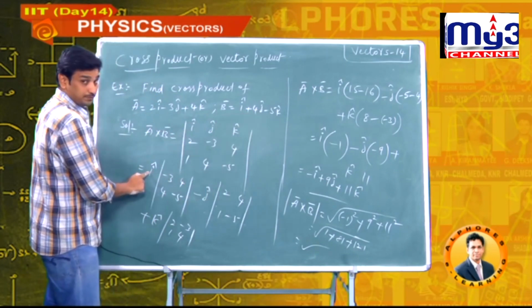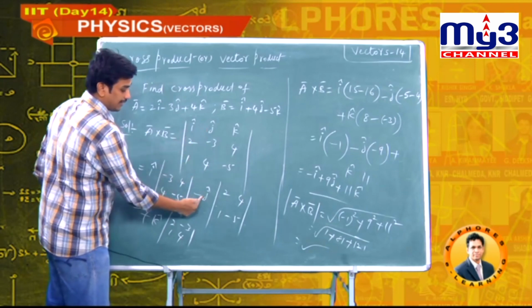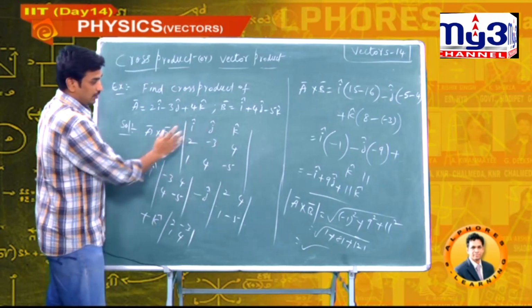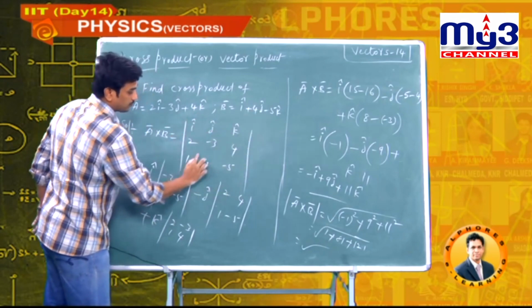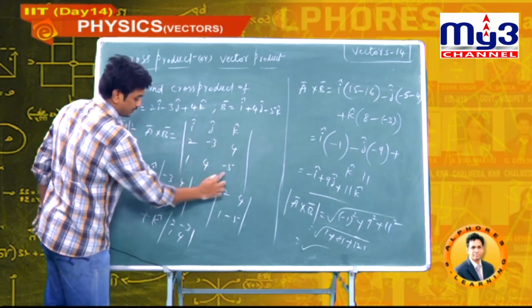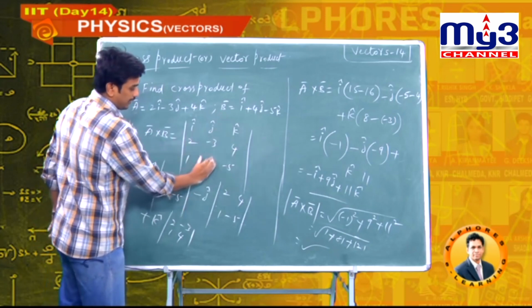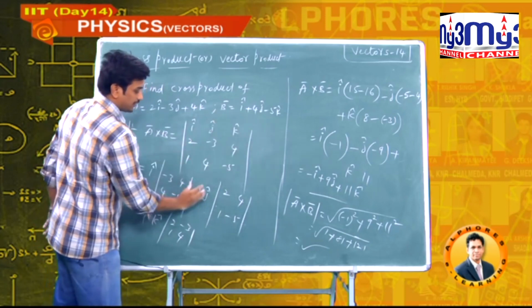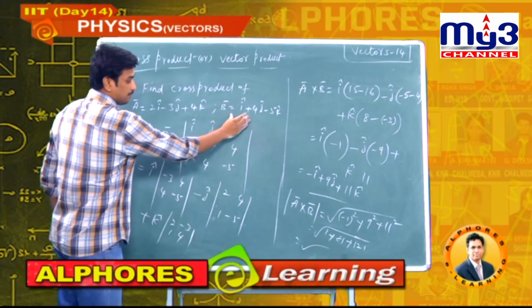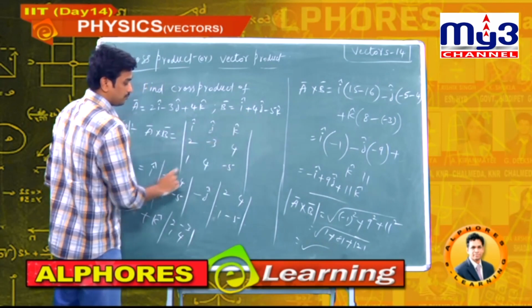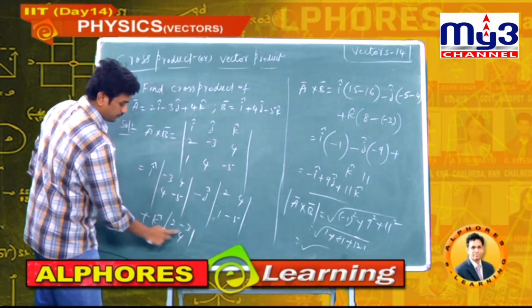First write I cap, next minus J cap, next plus K cap. For I cap, this column and row you forget about, the remaining part is minus 3, 4, 4 minus 5. Forget about J cap, horizontal and vertical column: 2 minus 5, 4, 1. For K cap, forget this vertical and horizontal column: 2 minus 3, 1, 4.